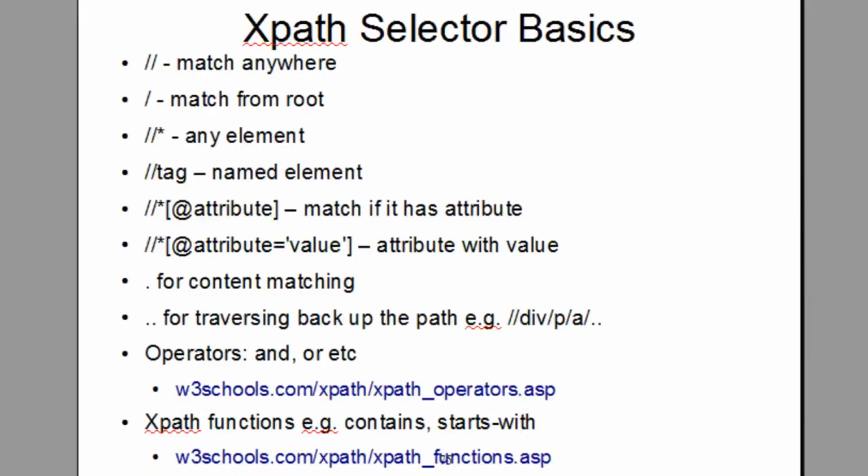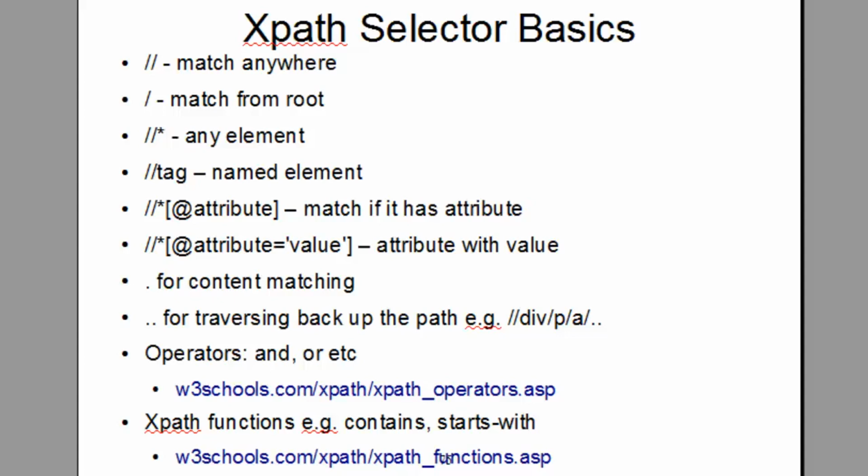So with XPath, // means start matching this anywhere. XPath is essentially like a directory structure. So if I do /, I'm starting from the root of the document. So typically I'll have to do /HTML, /body, whatever else. If I do // I can match anywhere, so I can start doing // div. I'll show you this in a second.